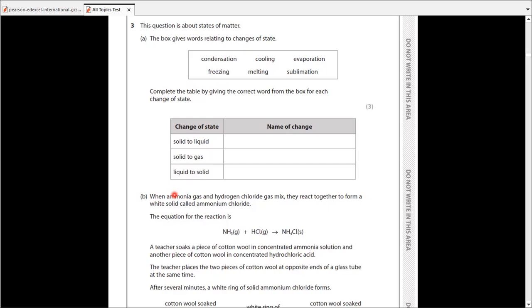Solid to gas, that was sublimation, I think. Right. And then liquid to solid is freezing. Good.